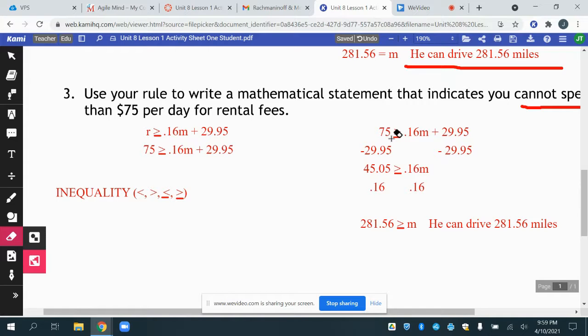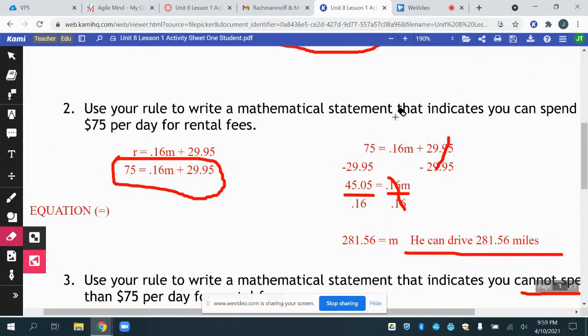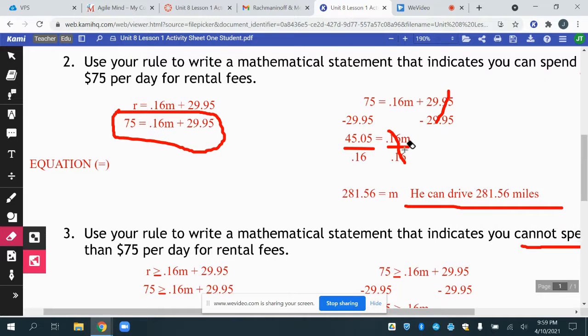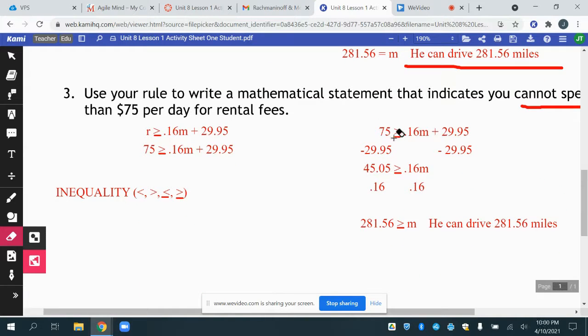And over here, the work still works out the same. Basically, I just need to figure out the first part, when it equals 75. So it still works out to being 281.56 miles, just like we did up here. I subtract the $75, the $29.95 to rent the dune buggy, and then I divide by 16 to figure out how many miles are left.